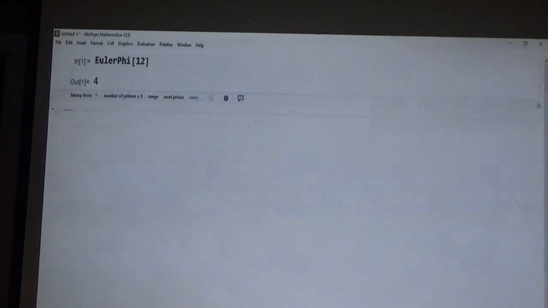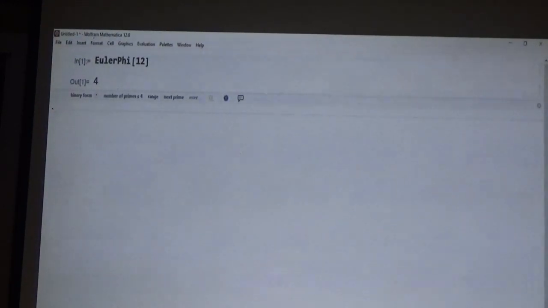The Euler phi function is defined as the number of integers less than 12 which are co-prime with 12. But those numbers are not necessarily the primitive roots mod 13.